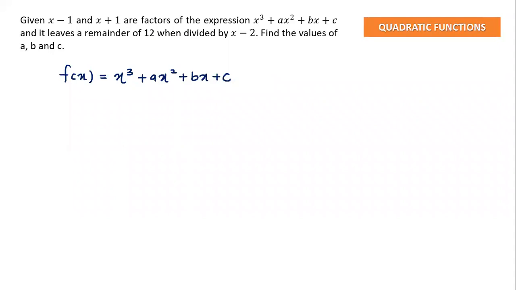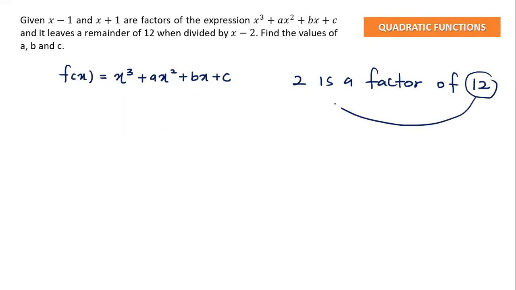First, you must understand the meaning of factor. For example, 2 is a factor of 12, meaning that when you take 12, you can divide by 2 and leave the remainder 0.